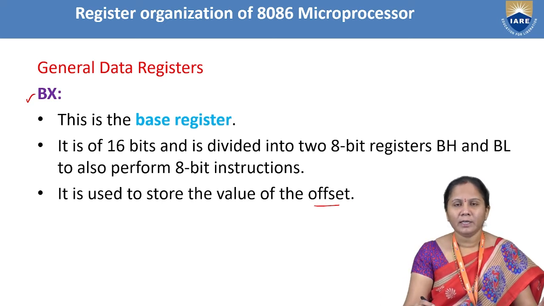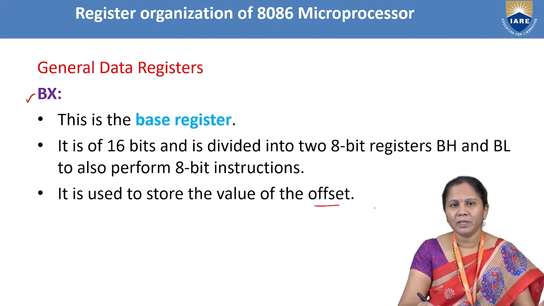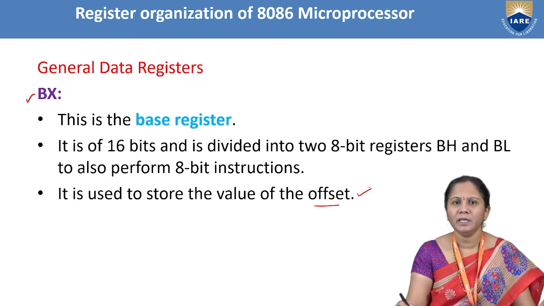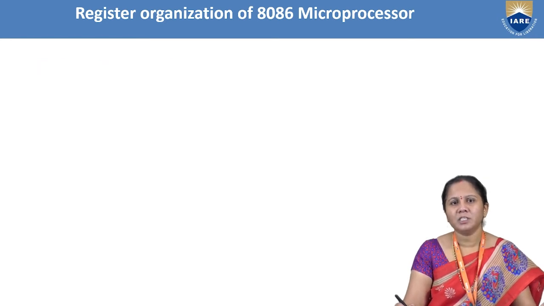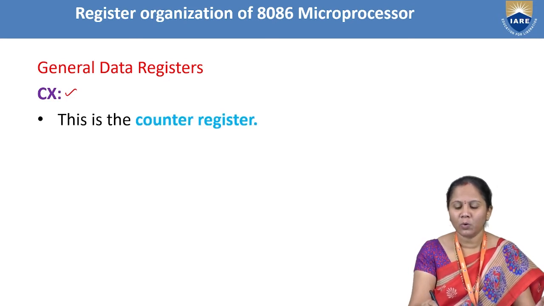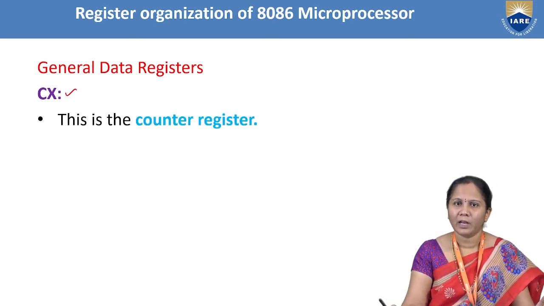Now, so generally, this BX register is capable of holding input, or it is also having another function like the BX register can store the offset address. So as we have discussed, generally the offset address will be coming from any of the pointer registers, index registers or base register. So that is why here BX register is a base register. It can hold the offset address value.